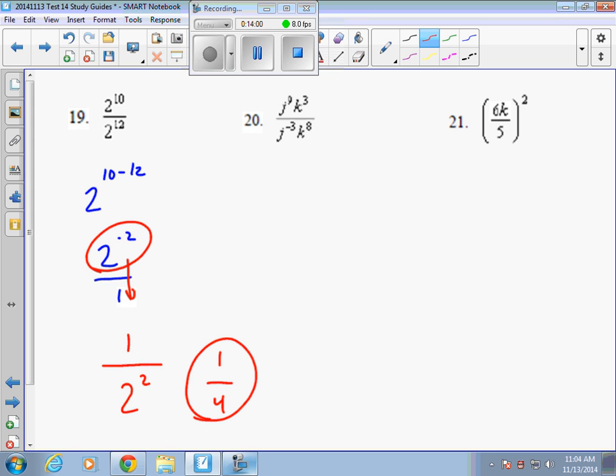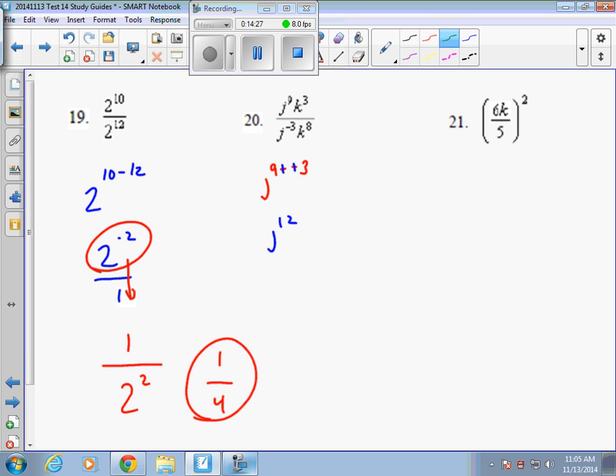Okay, you have 2 different bases now. One's j and one's k. The first one says j to the 9th divided by j to the negative 3rd, times k to the 3rd over k to the 8th. When you're dividing bases, you subtract exponents. 9 minus a negative 3. Minus a negative 3 is going to mean plus 3. So j to the 12th.